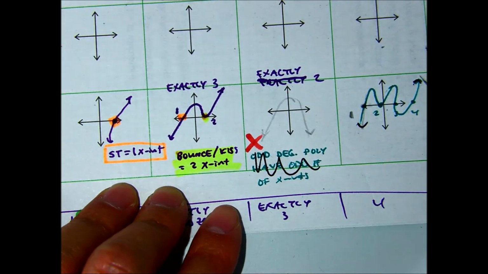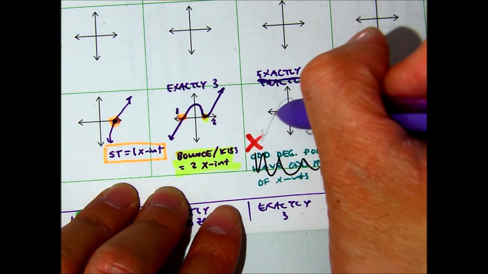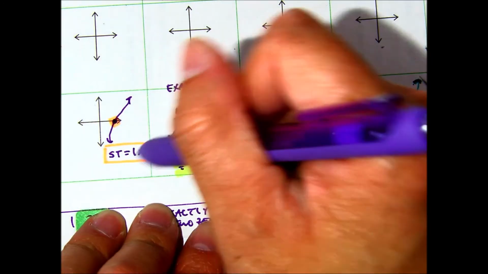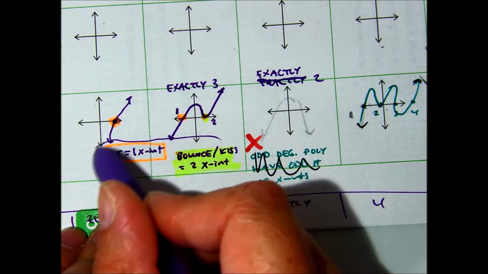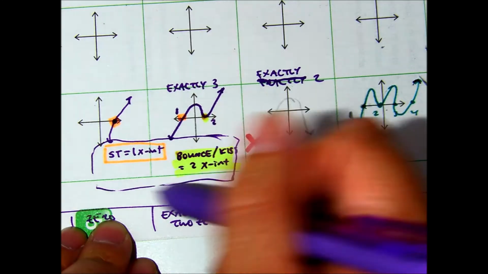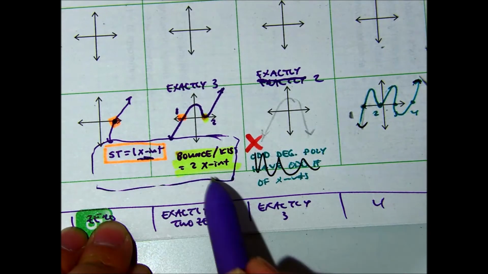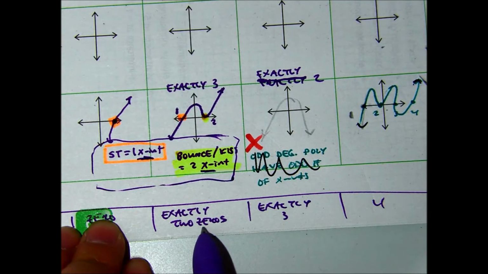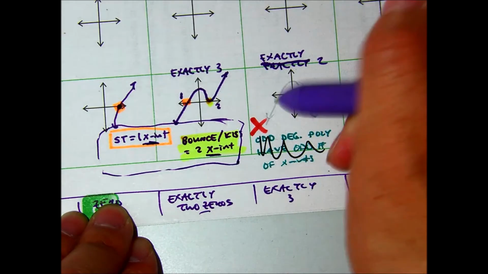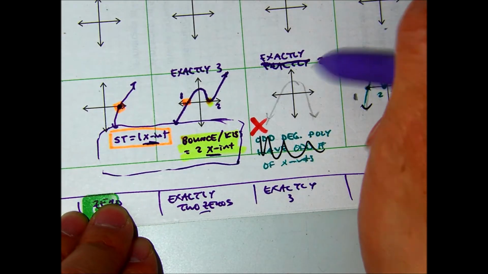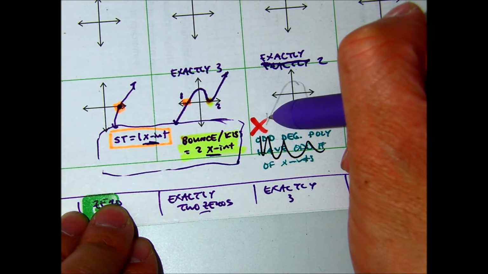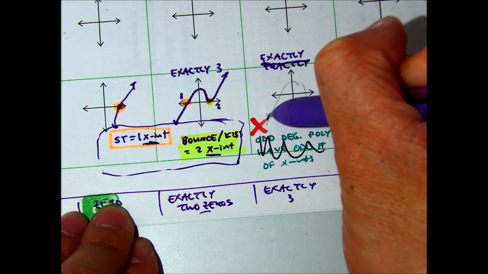So my graph's going to look like this. It just needs to cross. This is valid information. This is real in math, but this applies to x-intercepts. But these are zeros. So what does that mean? So to get exactly 2, I just need to cross or touch the x-axis twice.